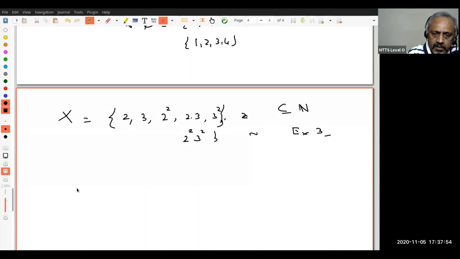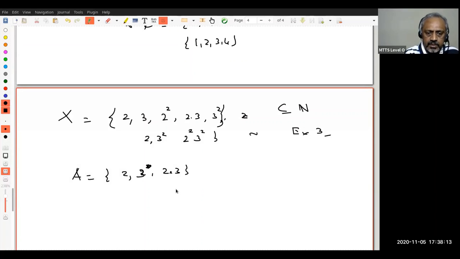Now let us look at the subset A equal to {2, 3, 2 times 3}. Do I have an upper bound for this?